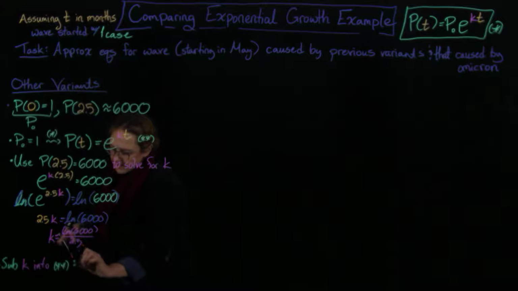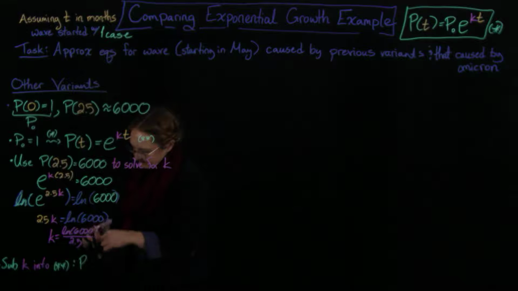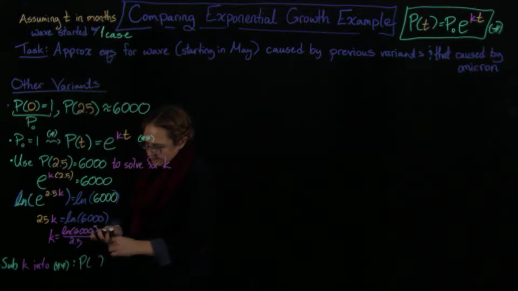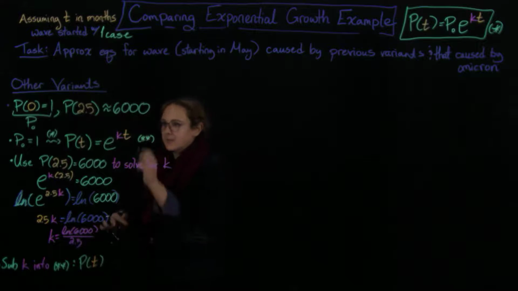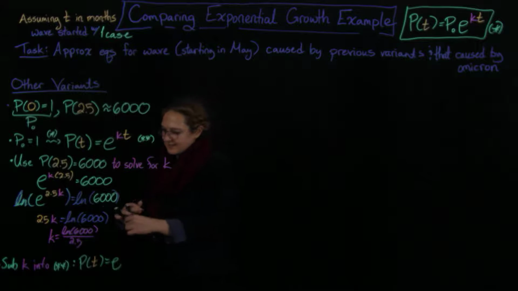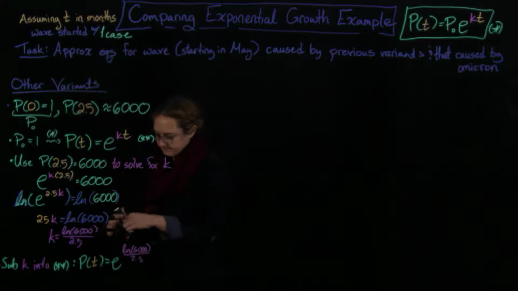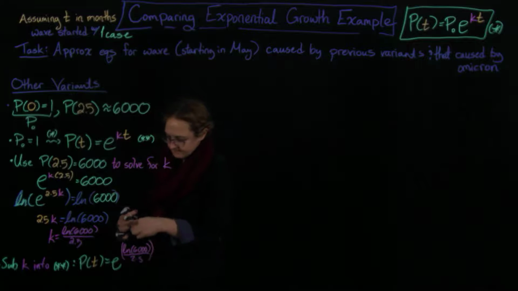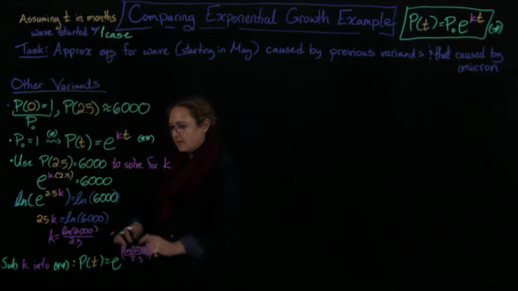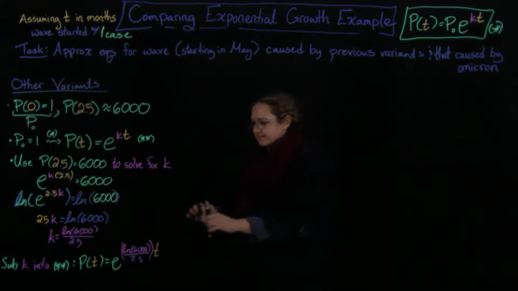And what happens is that I get that P of t is going to equal e to the, so then I have this whole big mess: the natural log of 6,000 over 2.5 times t. Okay, but we remember what we can do when we have a product of exponents like this, right?